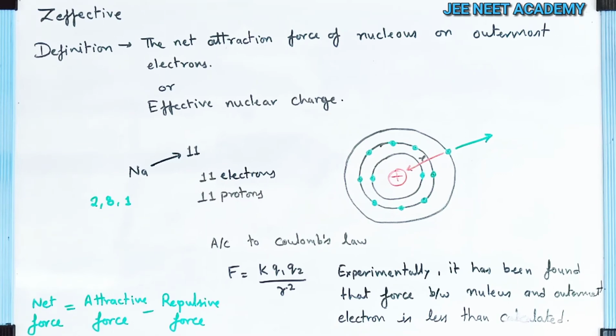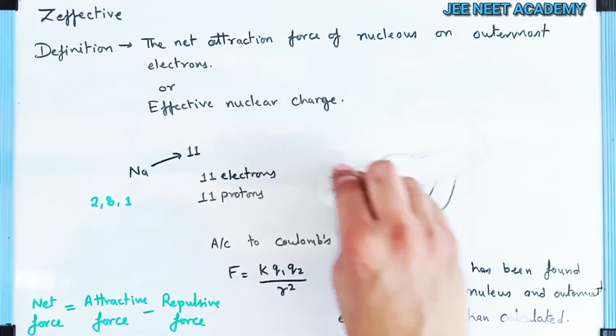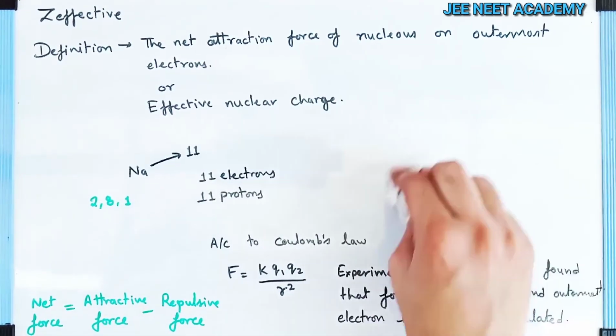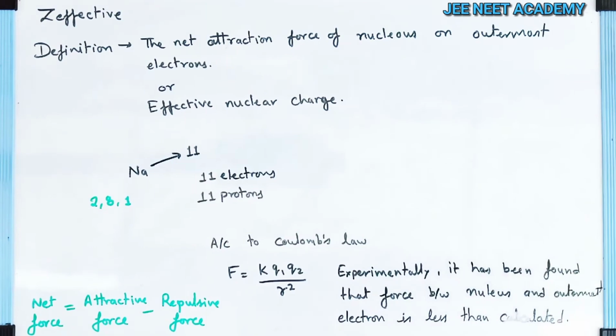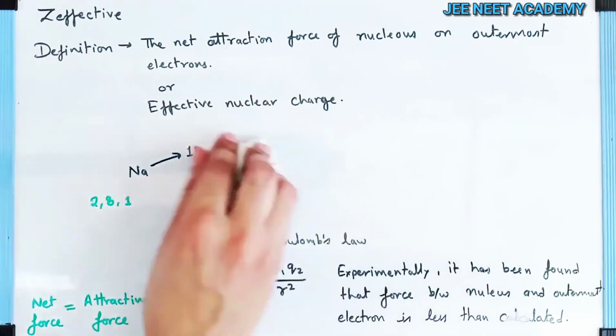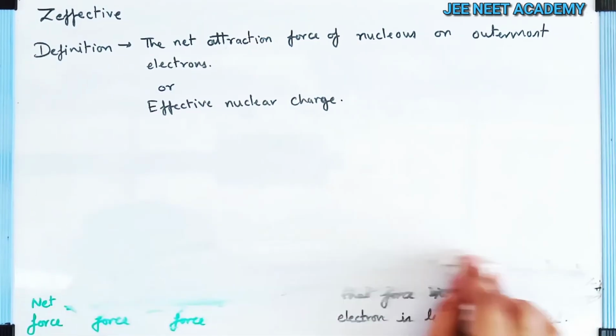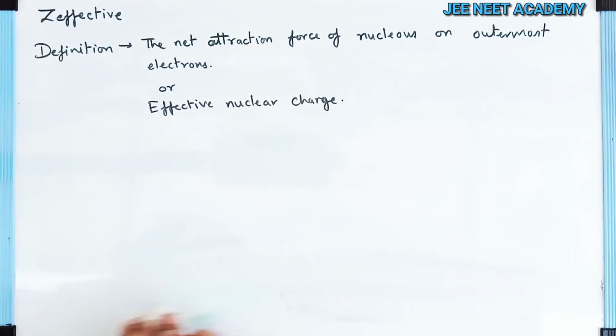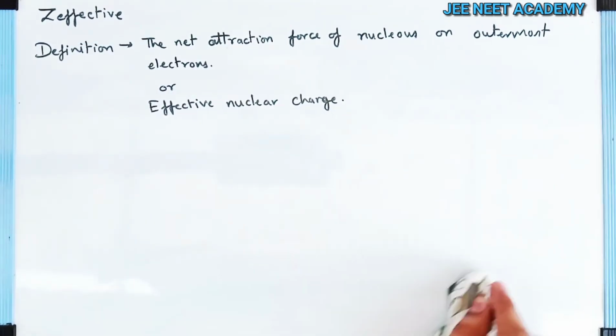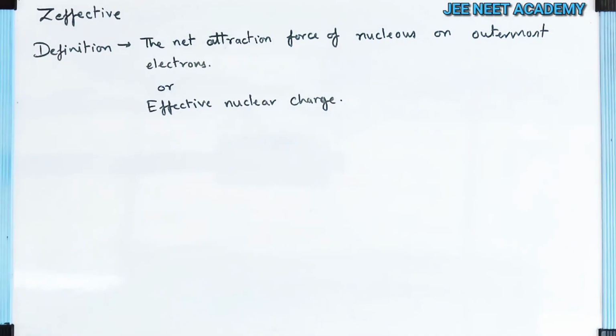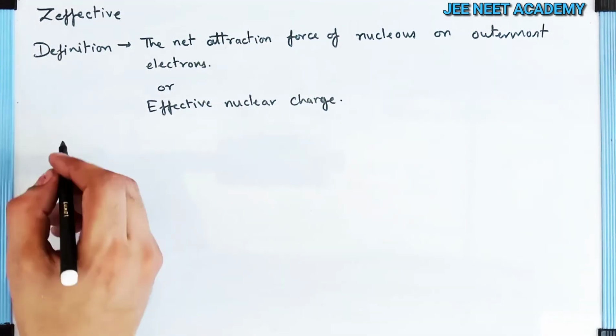Now the comparison of Z effective: where the Z effective will be more and where it will be less, we'll see those factors here. And I will rub this atom diagram. Comparison of Z effective.